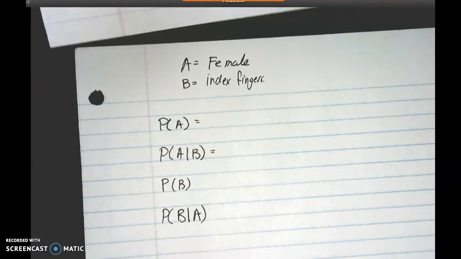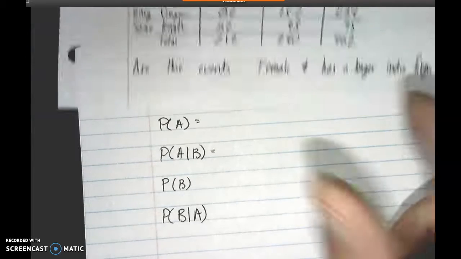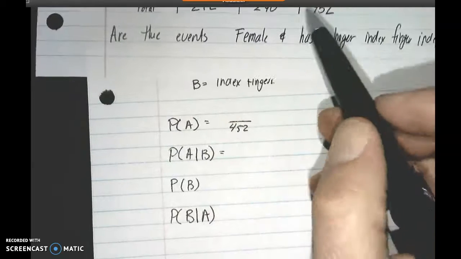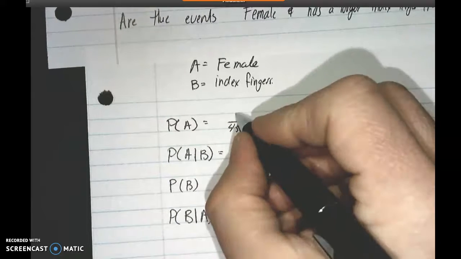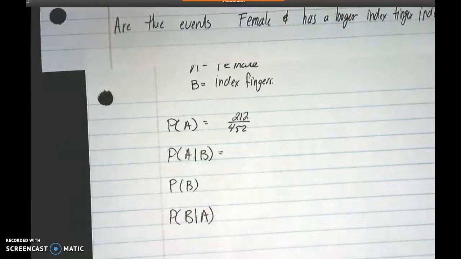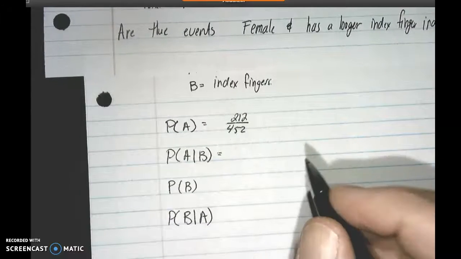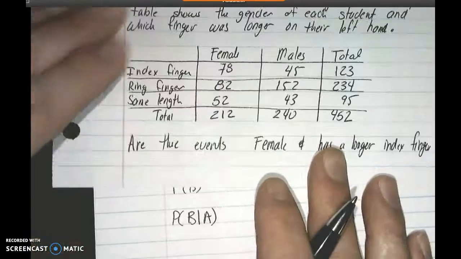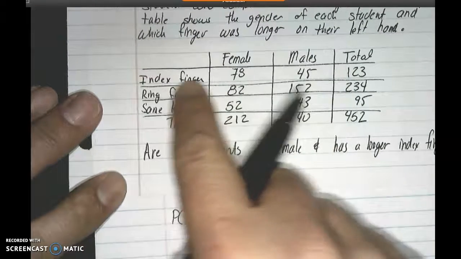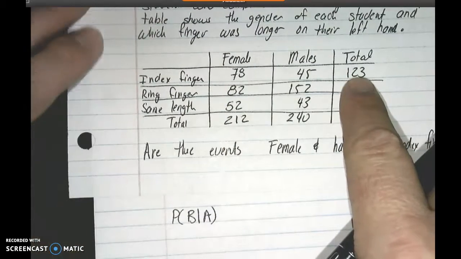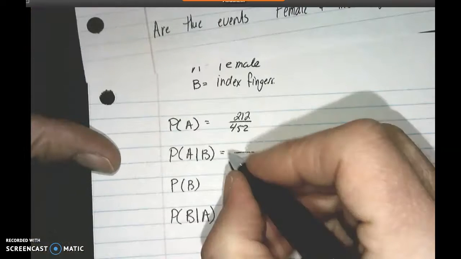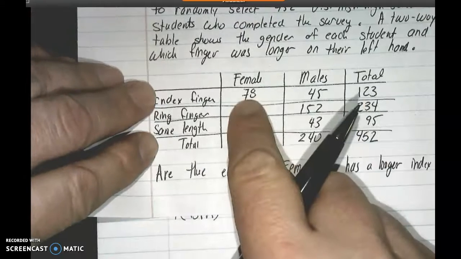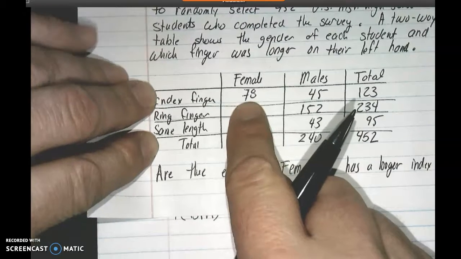So going back to the chart, I have 452 total students, and the number of them being female was 212. I'll come back and do all the math in just a second. Now going back to B, B has a longer index finger. So if I come to index finger, I see that I have 123. Then I go back to the female, which was 78.